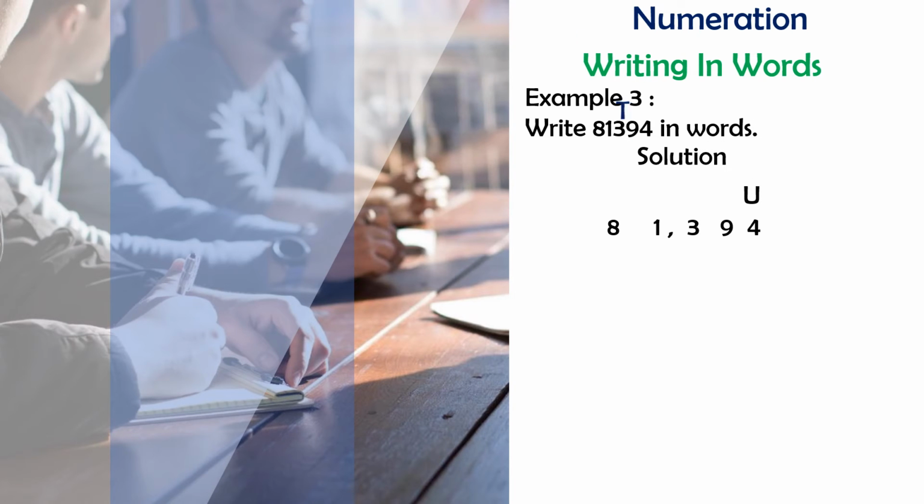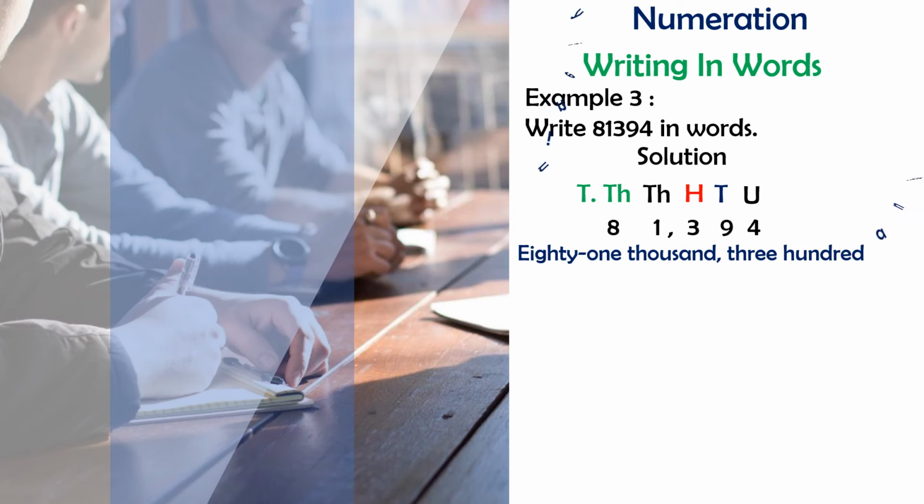Units, tens, hundred, thousand, tens of thousand. You find out what? This means 81,394. That's good. I hope you are still paying attention.